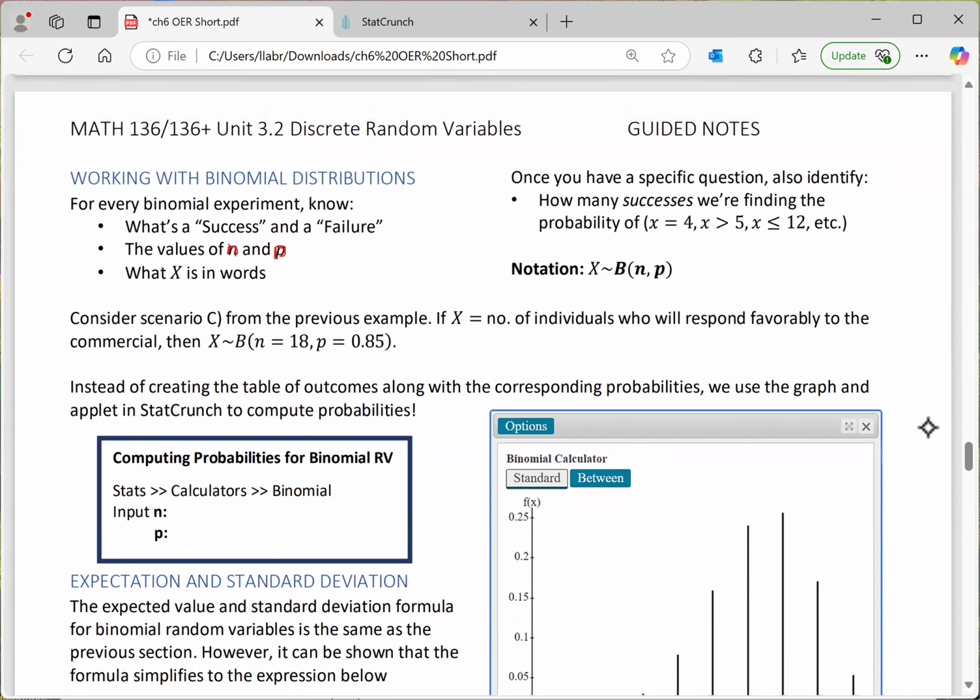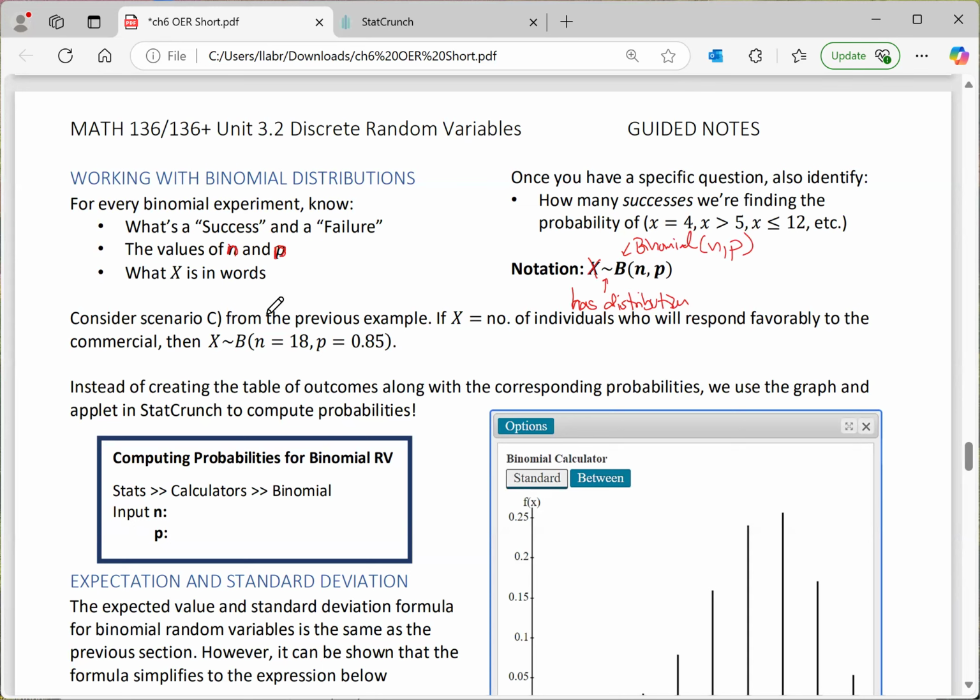If x is the number of successes, how many times you observe the success in that sample of size n, then we write x with this notation: the random variable is distributed, and the tilde means that it has a distribution. I'm going to put B for binomial. You could also write it out, binomial, n comma p. And you essentially have everything that you want to know about this random variable.